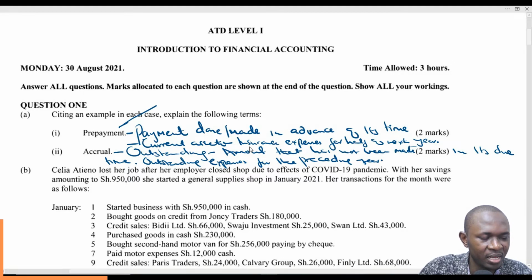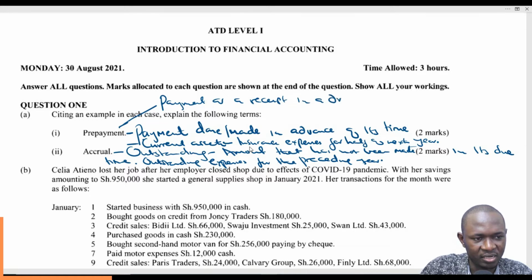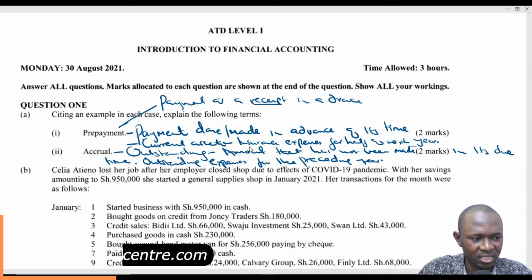We've just added the word receipt: a prepayment is a payment or a receipt in advance, and an accrual is a payment or a receipt that is outstanding.